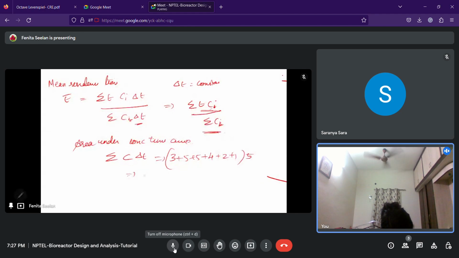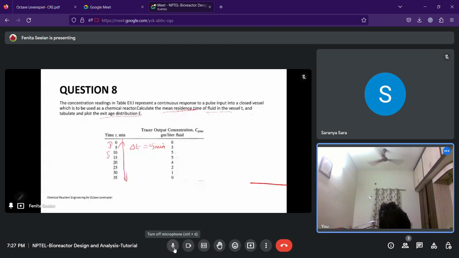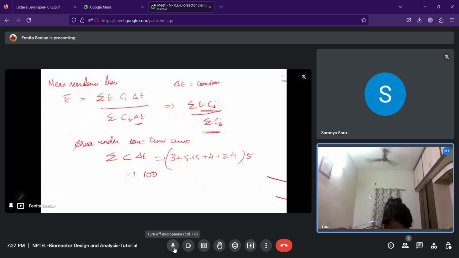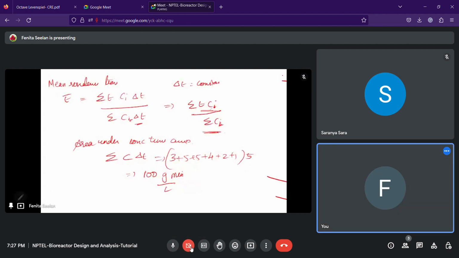If you do that, the answer is 20 into 5, right? So that's 100. What is the unit? Gram per liter into minute. This area will give you the total amount of tracer which is introduced inside the vessel.